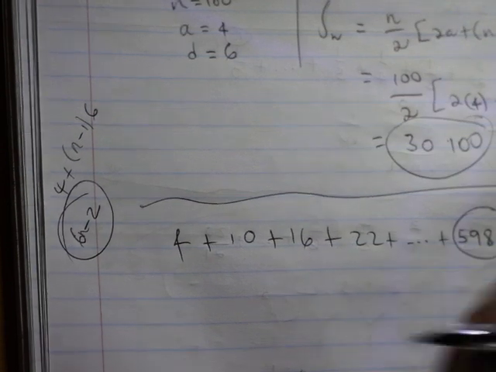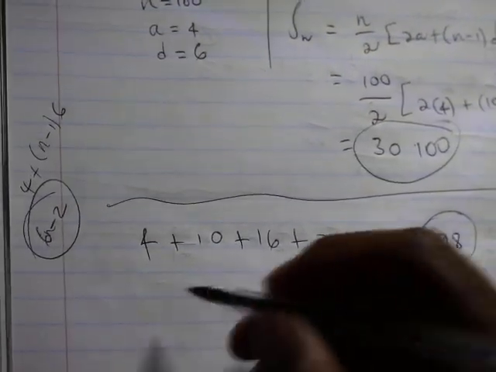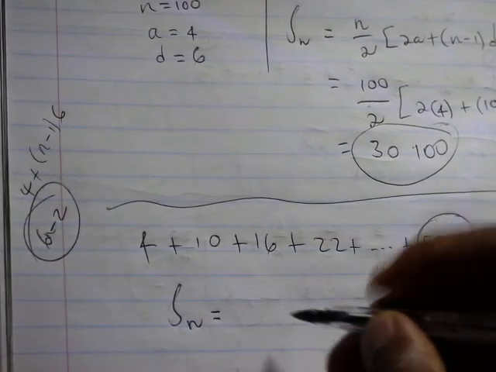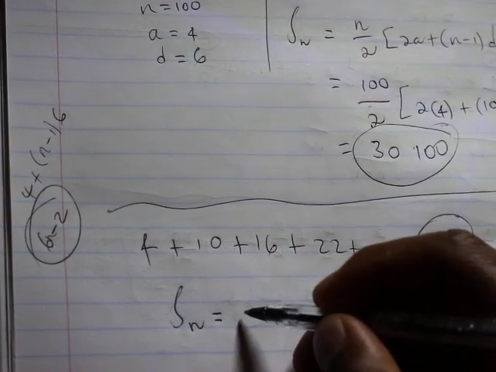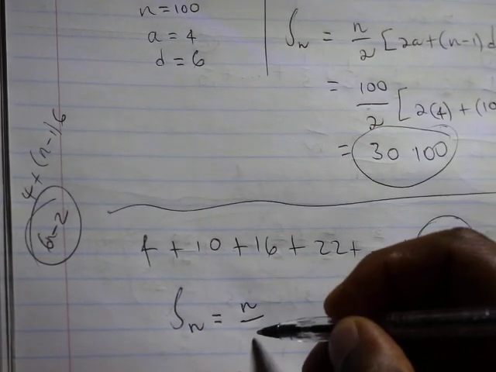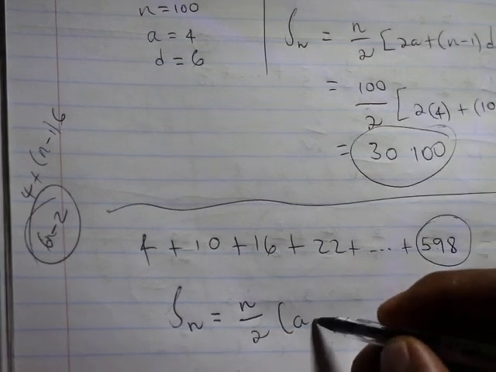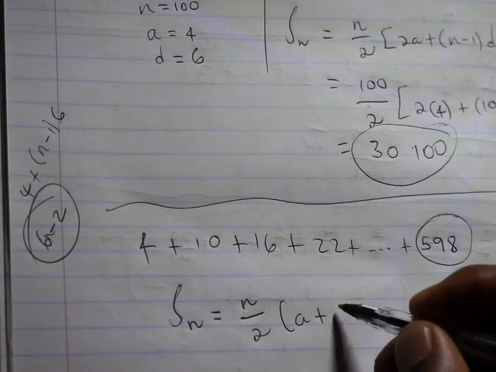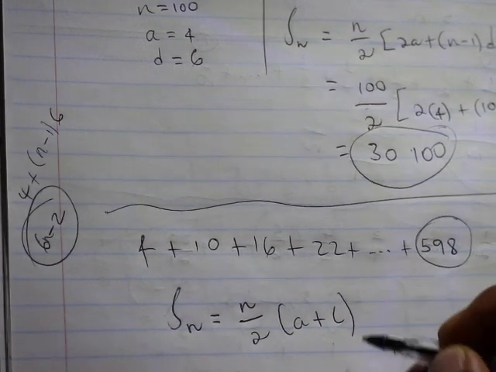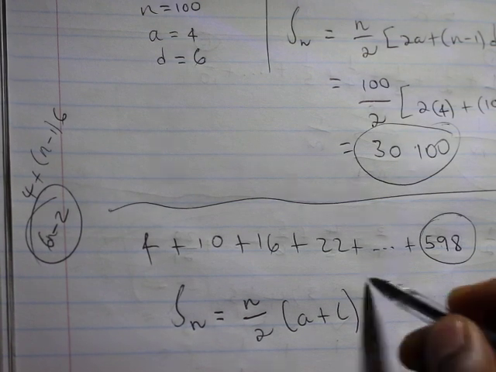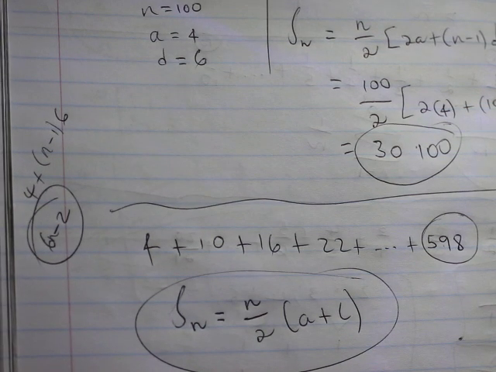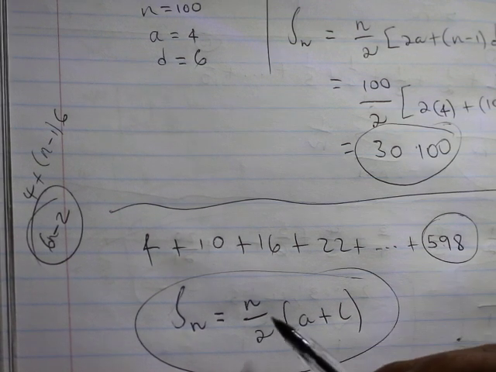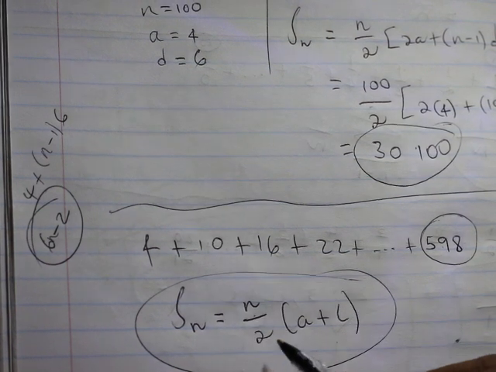Now there's a special formula for that if the last term is given, which is Sn, the sum, is given by n over 2 into a plus L, a plus L. But we'll still need the n.